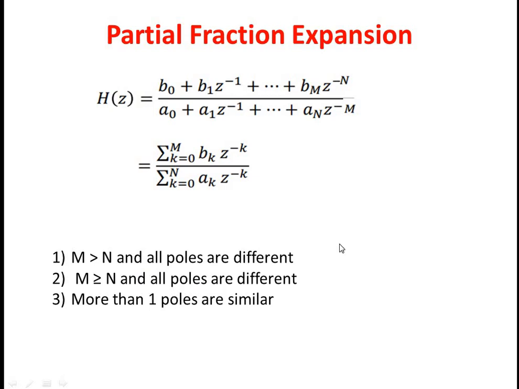For all types of possible solutions, the very first thing is to bring the question into the format X of z divided by z, and after that we check the order, the power of the denominator and numerator. We always have to maintain the highest power in the denominator, so m must be greater than n.